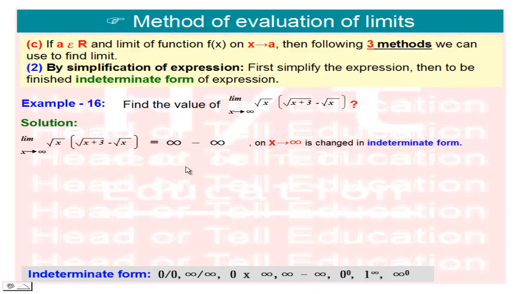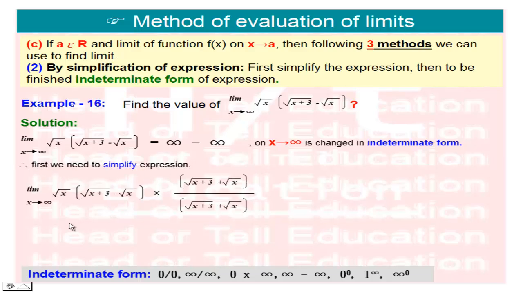To solve this, first we need to simplify. So the limit as x tends to infinity of root x multiplied by (root of x plus 3 minus root x), multiplied by (root of x plus 3 plus root x) divided by (root of x plus 3 plus root x). We convert it like this. After this we find 3 root x divided by (root of x plus 3 plus root x).